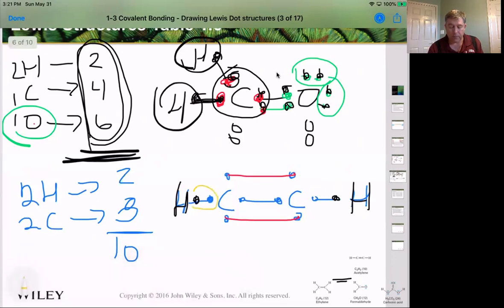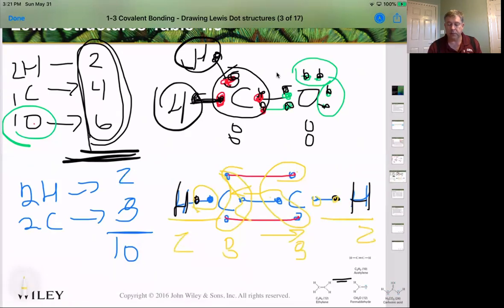So we have 1, 2, 3, 4, 5, 6, 7, 8 that are shared with this carbon. So that carbon has 8 electrons. Here we have 1, 2, 3, 4, 5, 6, 7, 8 shared with this carbon. This carbon has 8 electrons around it. This hydrogen has 2 electrons around it. This hydrogen has 2 electrons around it.